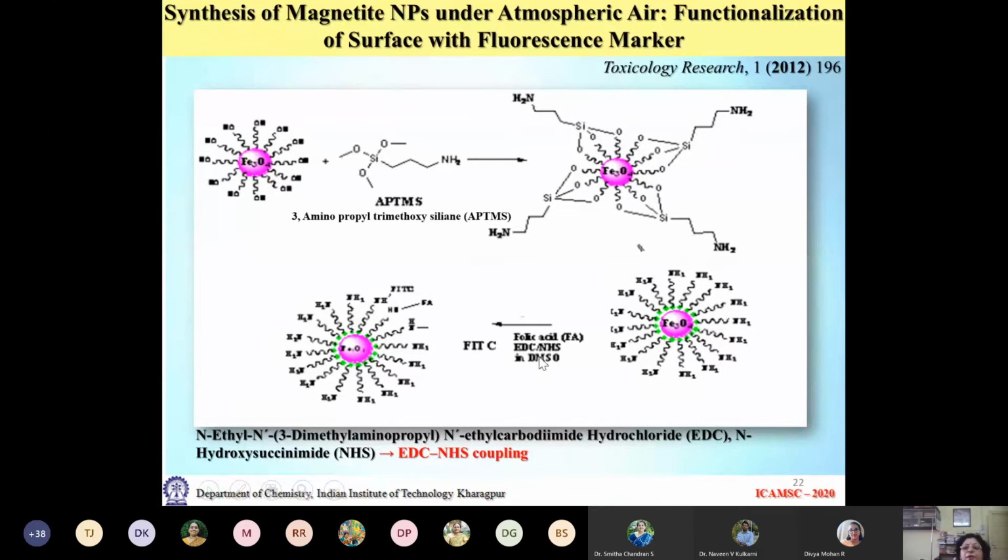So that we have a folic acid which is on the surface, we have the amide linkage. The amide linkage is used not only to maybe enclose the drug, but also to attach the fluorescent marker which we are using. Okay, so this is how you structure or design a particular drug delivery system.